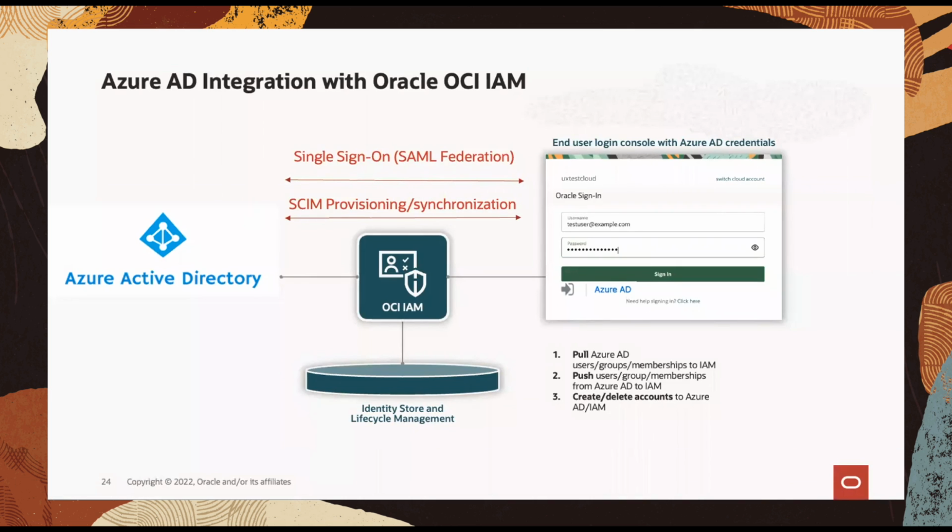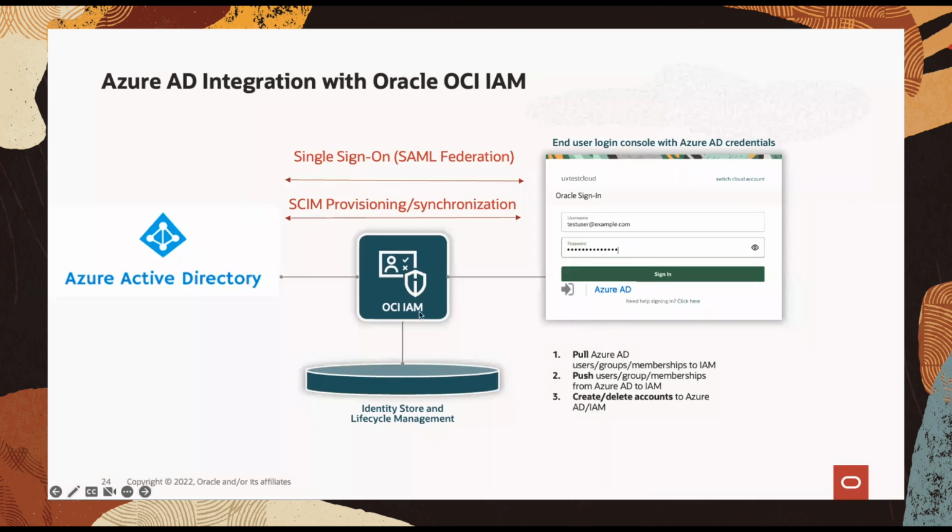We can also create an enterprise application, or non-gallery application, in the Azure Active Directory to register the OCI IAM as a SAML application client. All you have to do then is exchange metadata between Azure and the OCI IAM so that the federation can happen, right?